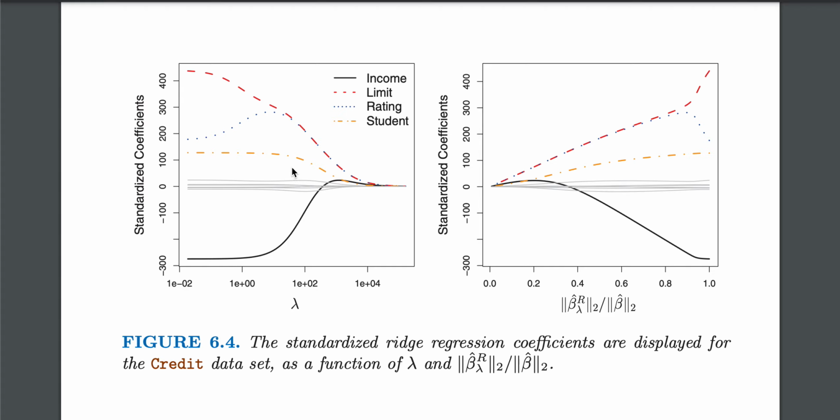The issue is that we have many different coefficients interacting with each other. So if the role of limit comes down, maybe that will lead to the role of rating increasing. But overall, the big picture pattern is that as we increase lambda, the coefficients tend to decrease.